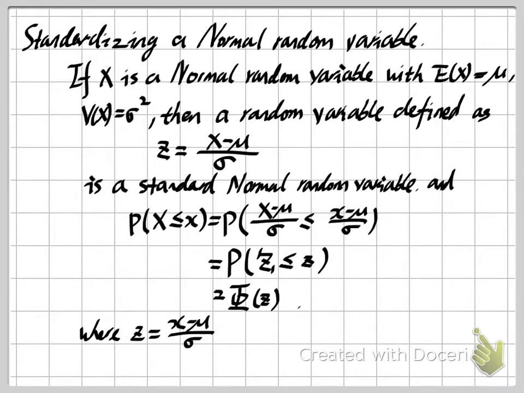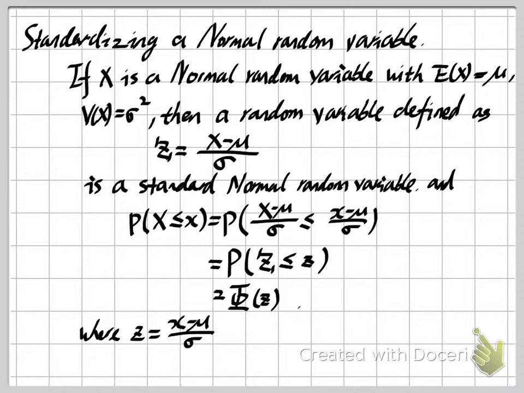Then we can define another random variable, denoted by capital Z. This capital Z is defined as X minus mu divided by sigma. That means we use our original normal random variable minus its mean and divided by its standard deviation. We skip the proof here, but by this definition, the new random variable capital Z is a standard normal random variable.